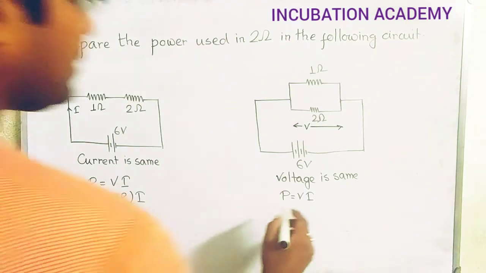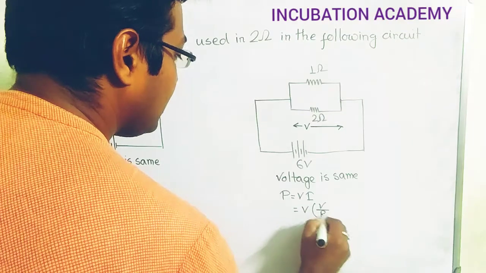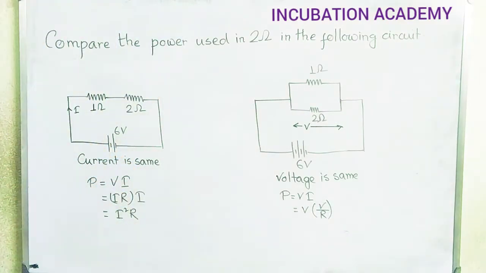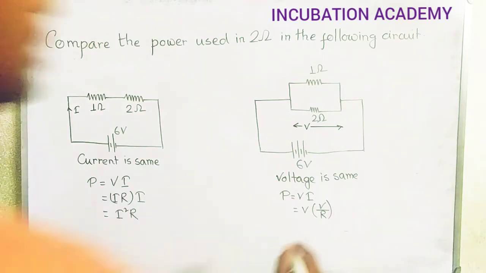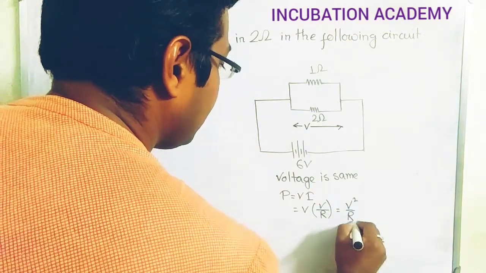So if I apply Ohm's law here and try to replace the current, I can do it that I equal to V by R. Therefore, it becomes V square divided by R.